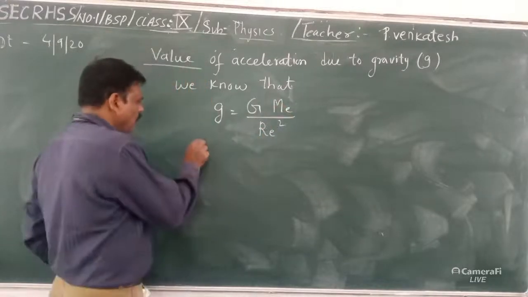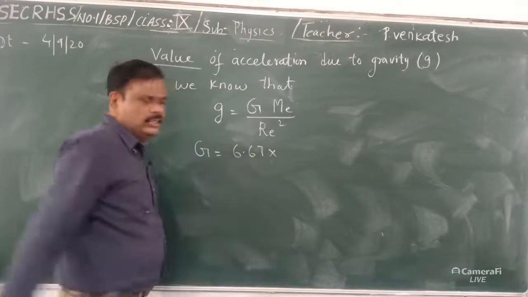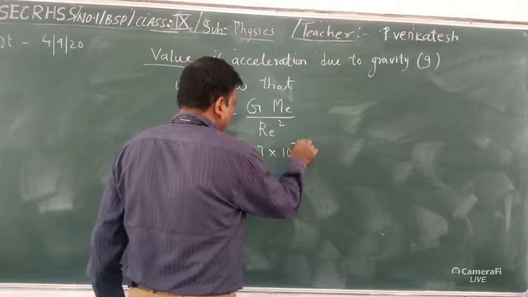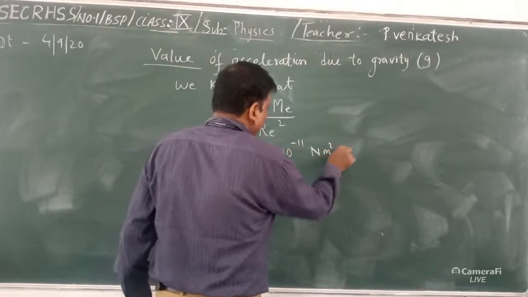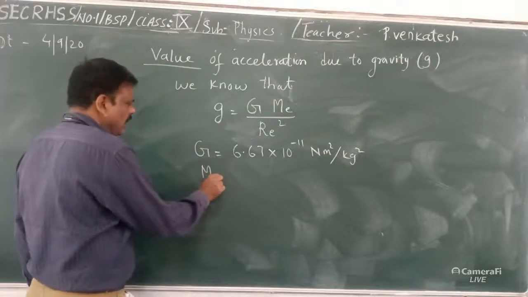R square. Now what is the value of G? G equal to 6.67 into 10 to the power of minus 11. And the mass of the earth.